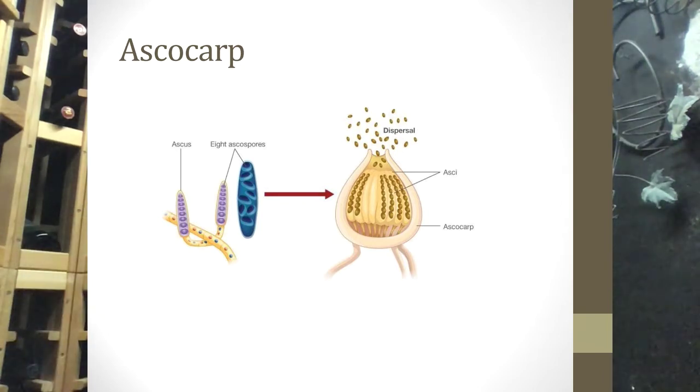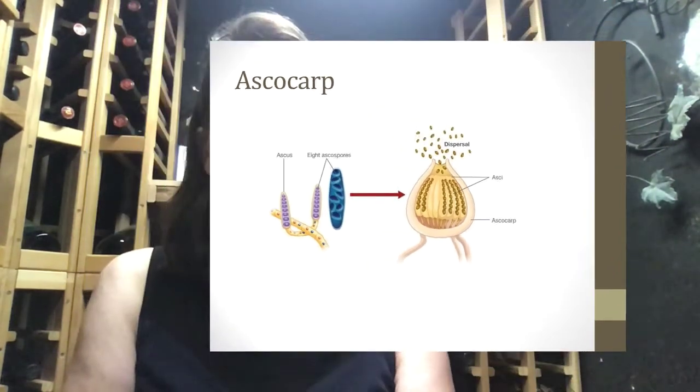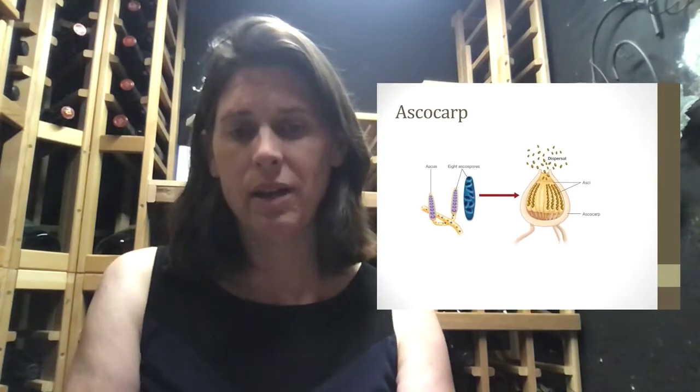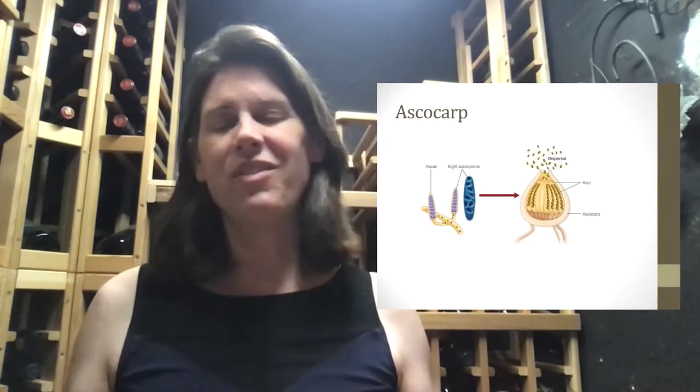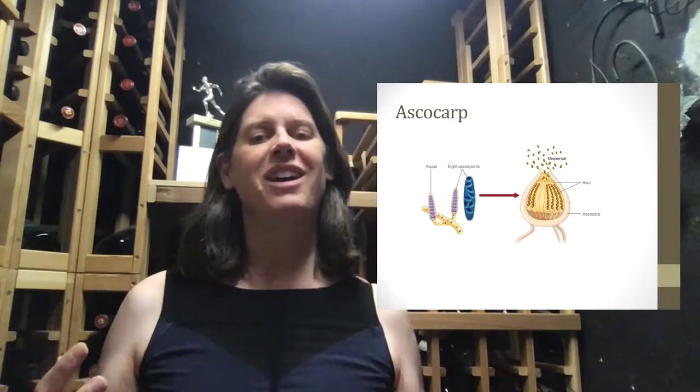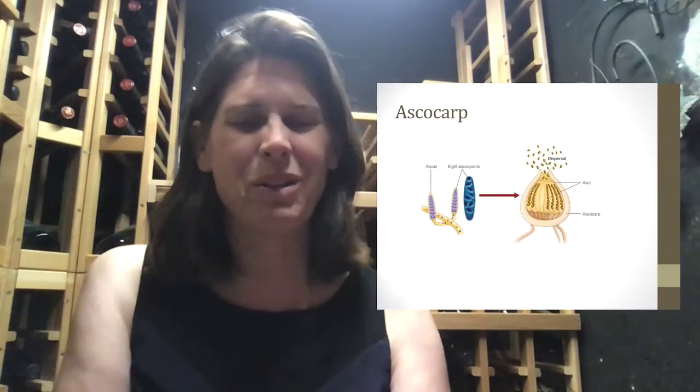That's why you can see right inside of there, it shows 8 ascospores inside of that ascus. And again, there's several of those asci that are forming the fruiting body, which is called an ascocarp. Okay, so again, it's the vocabulary that's going to hit you. So you gotta get your vocabulary straight.